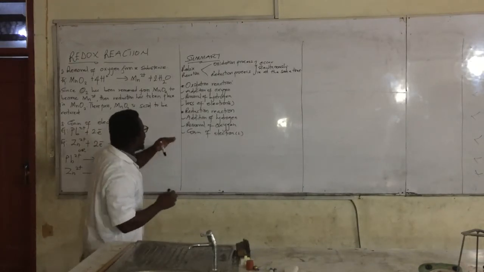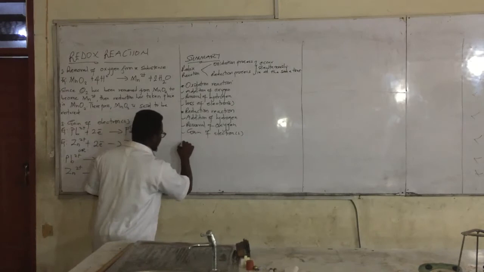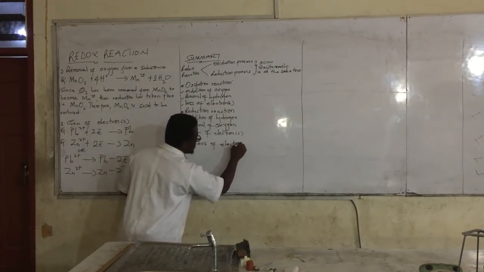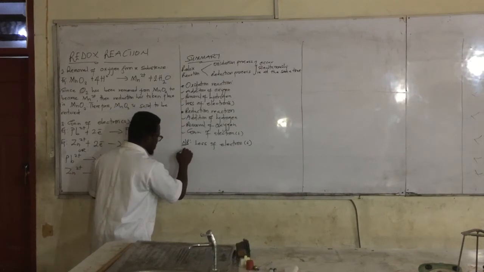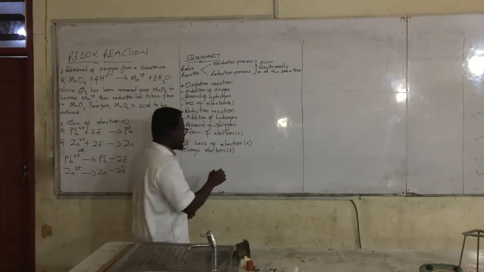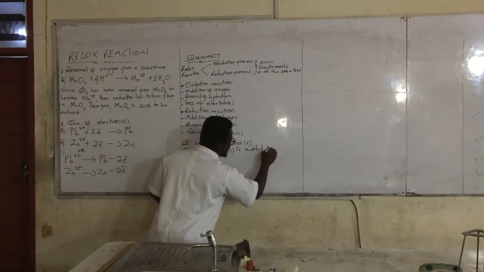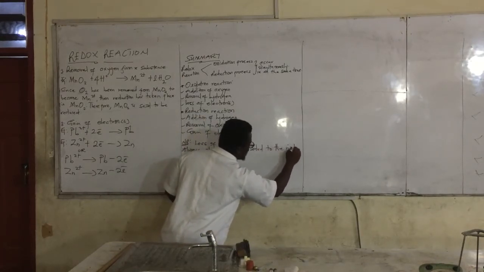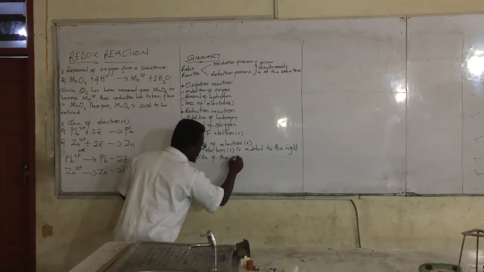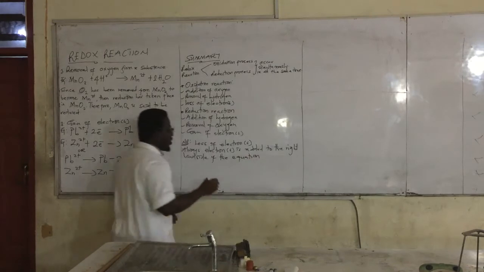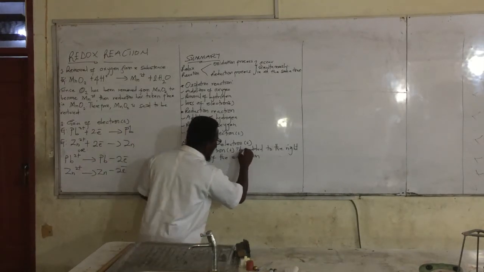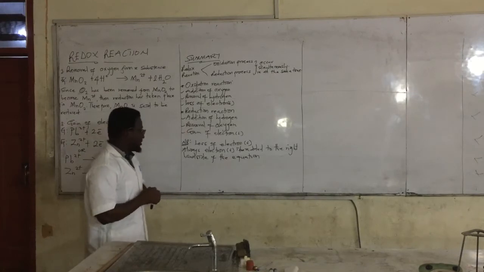Now, under the loss of electrons, note: always, electron or electrons is or are added to the right hand side of the equation.